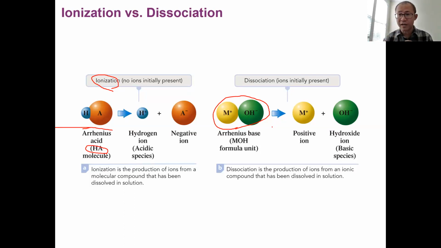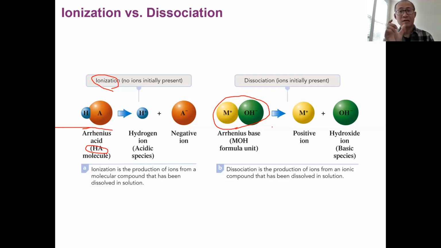When dissolved in water, these ions simply separate. Of course, water helps break down the crystal lattice. This process is called dissociation because the ions are already present. What happens is the ions break apart and become free.